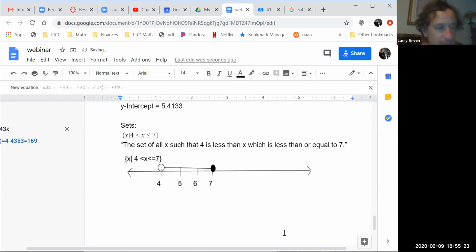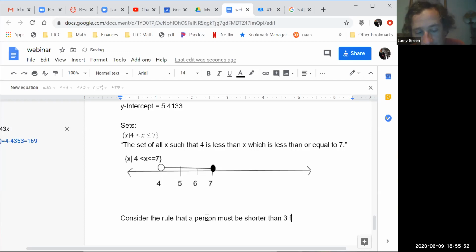Okay, so now let us do the opposite. Consider the rule that a person must be shorter than 3 feet or taller than 7 feet to be considered.